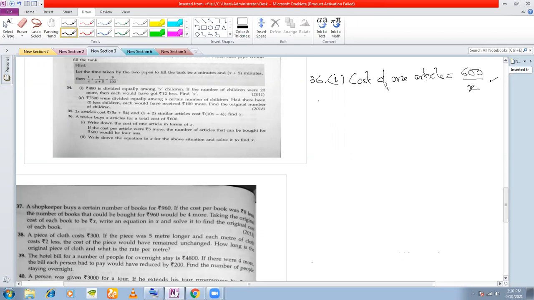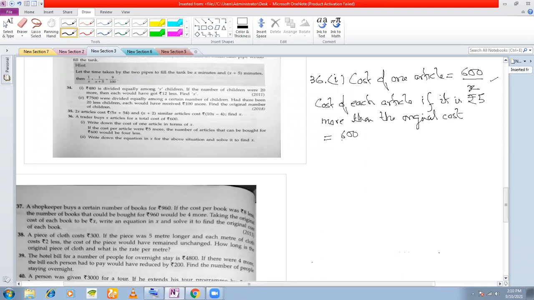Now, what is the cost of each article? If it is rupees 5 more than the original cost, cost of each article, right? Not cost of 600 articles.